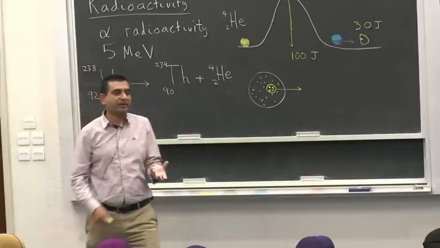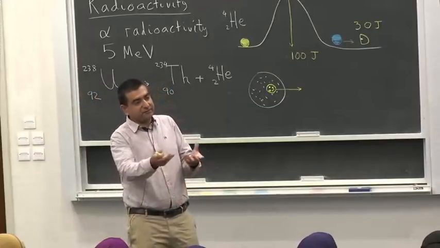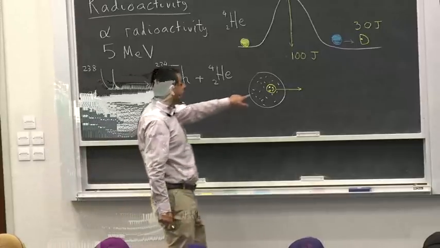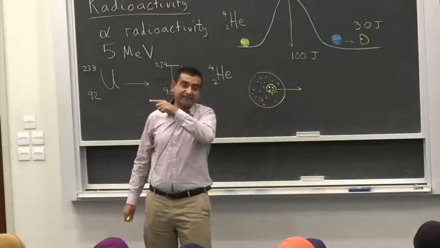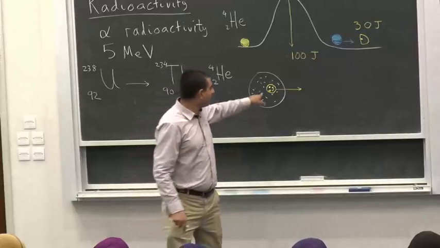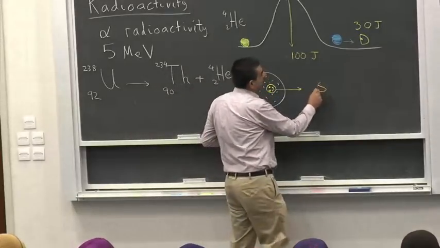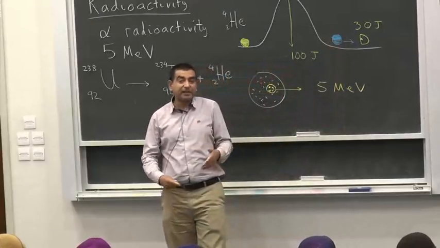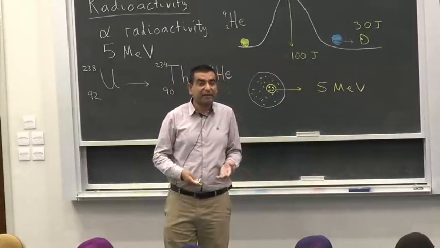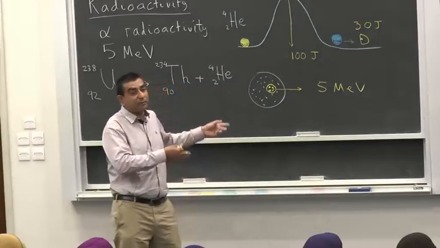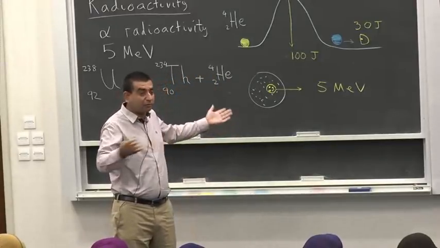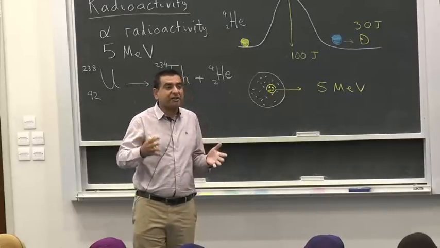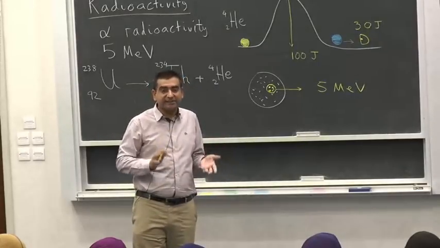A nuclear phenomenon. The nucleus is decaying to give you a daughter nucleus and a particle. So the origin of this alpha particle is from inside the nucleus. And this particle, when it's seen outside the nucleus, has an energy of 5 mega electron volts. And it will have some energy inside the nucleus. So we would like to see, if this particle would remain inside the nucleus, what would its energy be? For that purpose, we need to know the potential energy of the alpha particle inside the nucleus.